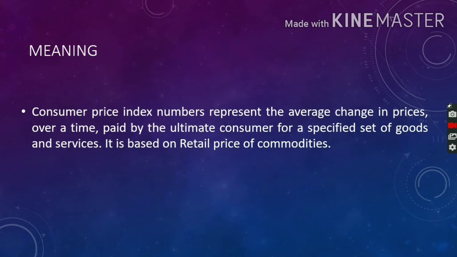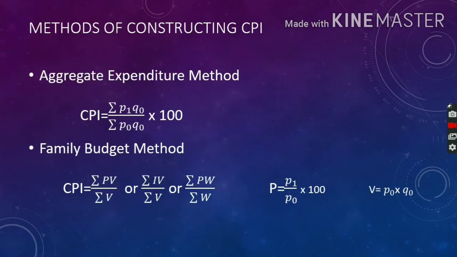As we know, the prices of a commodity may increase or decrease for various reasons from time to time. To represent these average changes, we use consumer price index numbers. Let's see the methods of constructing the consumer price index, CPI.